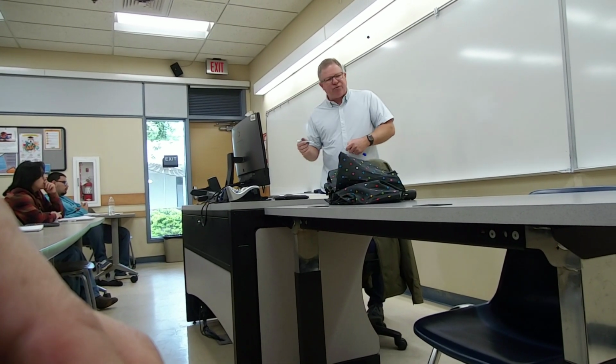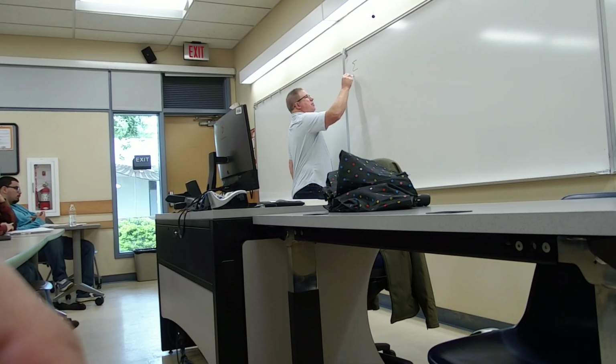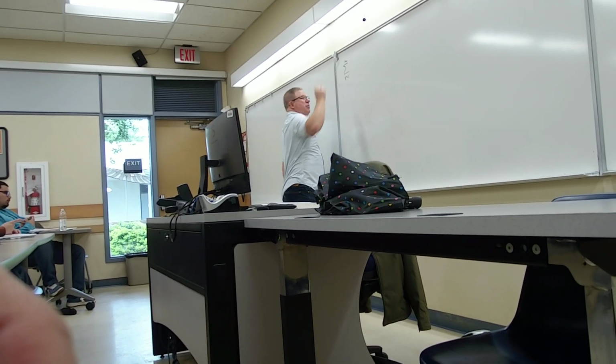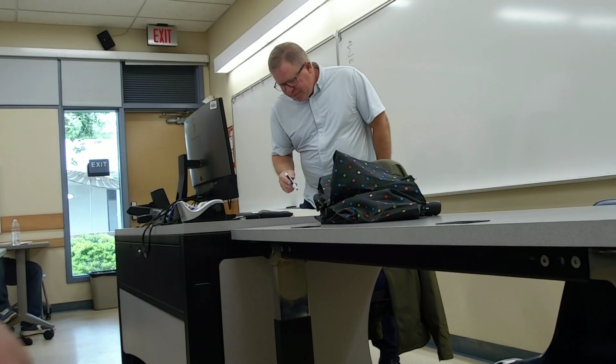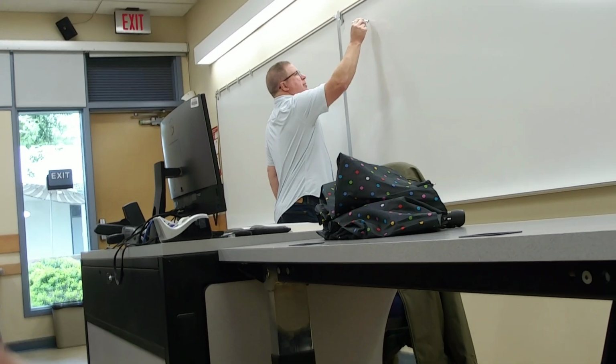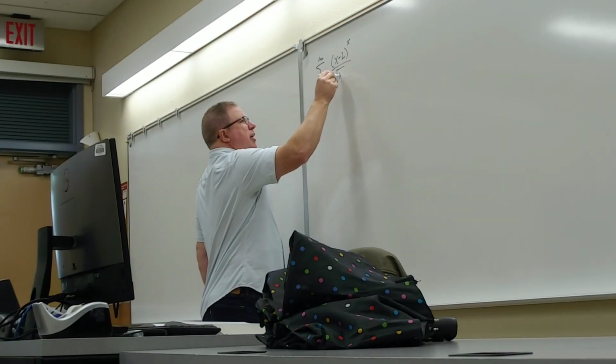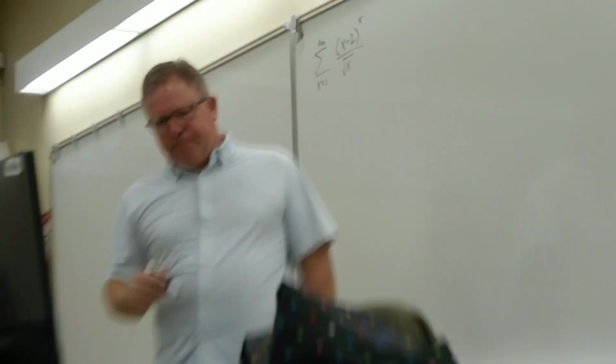We got the sum as k goes from 1 to infinity of x minus 2 to the k power on top over square root k on the bottom.